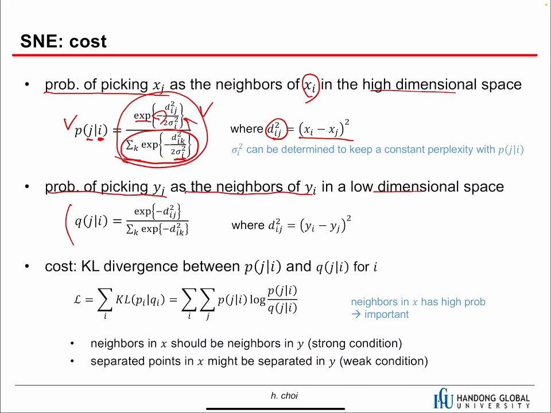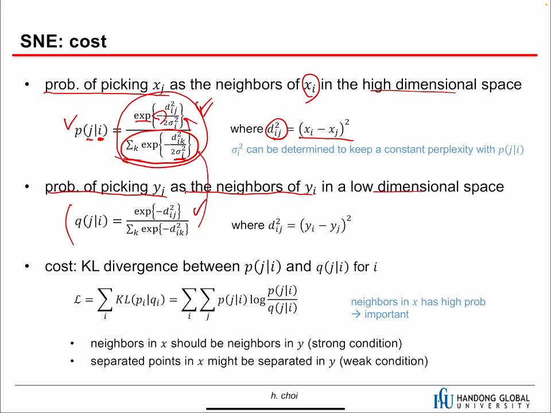Okay, so this one is almost the same as the previous one, except for the normalization term, sigma sub i. Because in this case, given x, we don't have any idea about the scale of x. But in this case, we can actually control the scale. So the sigma for y, sigma in the low dimension space, is supposed to be just 1. So we can ignore that. And then except for that, these two are almost the same, right?